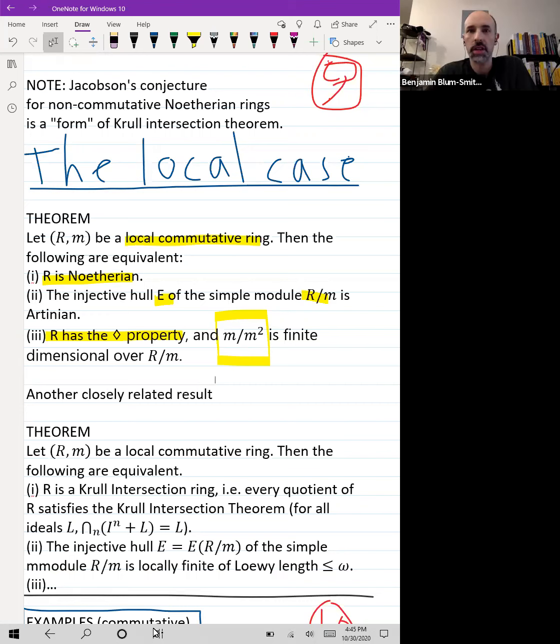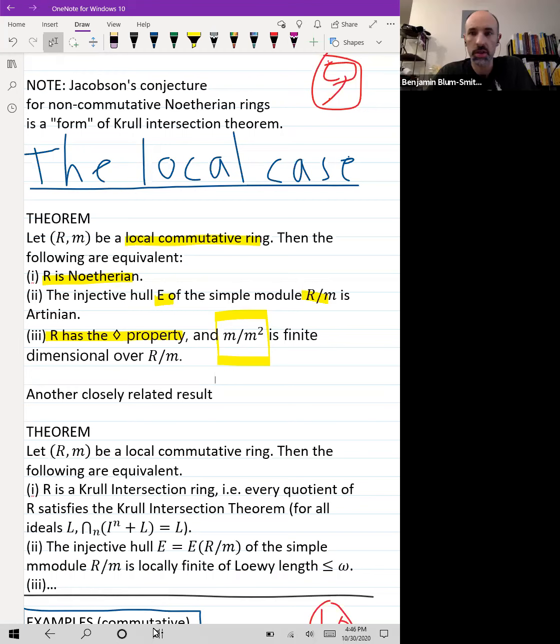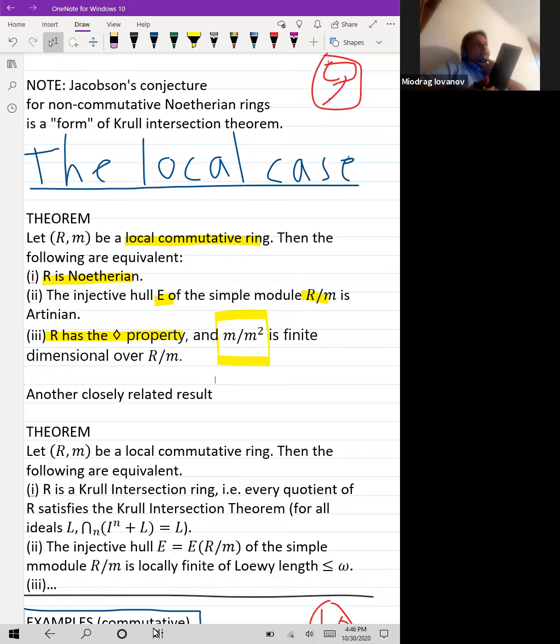Yeah, I think Nakayama's lemma holds as long as you're working with a finitely generated module, regardless of whether the ring is Noetherian. So the equivalence should hold. If the ring is not local, there may be problems, but here it does hold. Yes, I believe you're right. So this is essentially what it's saying.